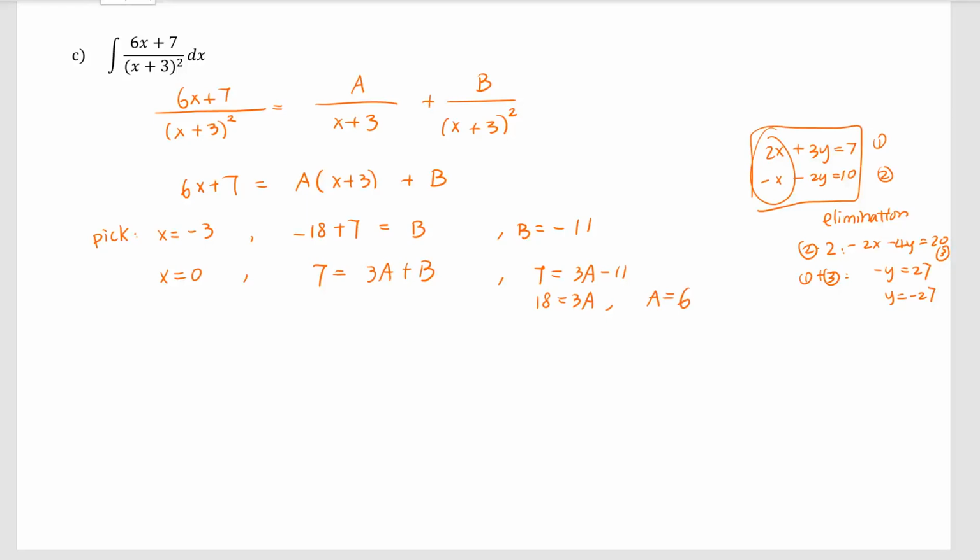Then you can plug into equation 1 or equation 2 to solve for x. Plugging into equation 2 is easier. So minus x minus 2y. 2 times that, so negative becomes positive, and we have 54 equals 10. Well, then x equals 54 minus 10, which is 44. Okay.